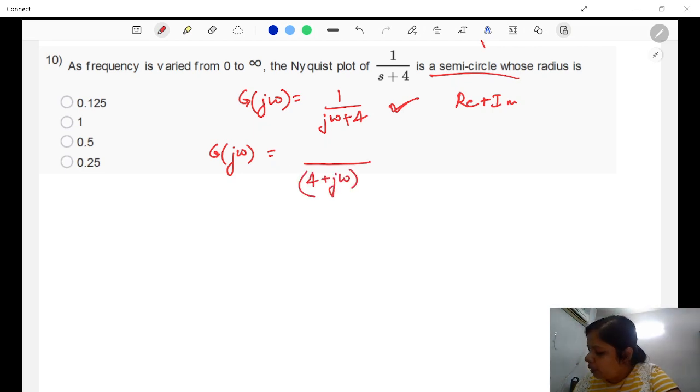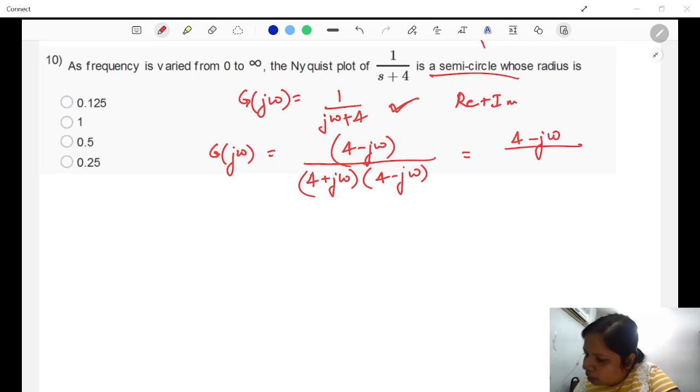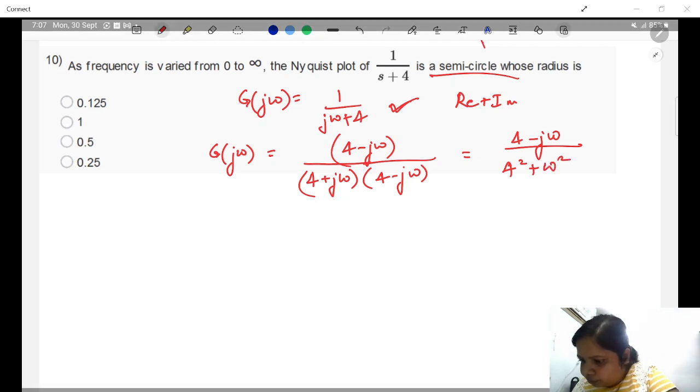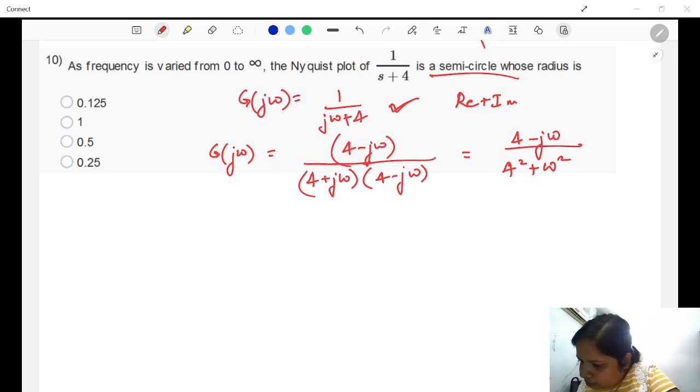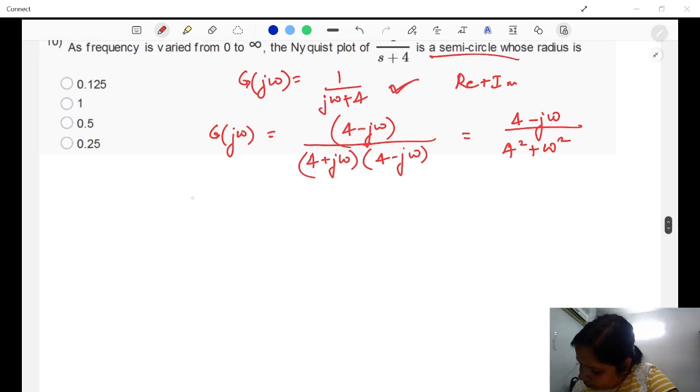This is 4 plus j omega, this is 4 minus j omega, and this is also 4 minus j omega. So it is 4 minus j omega upon 4 square plus omega square. It's clear? Now we can separate it.